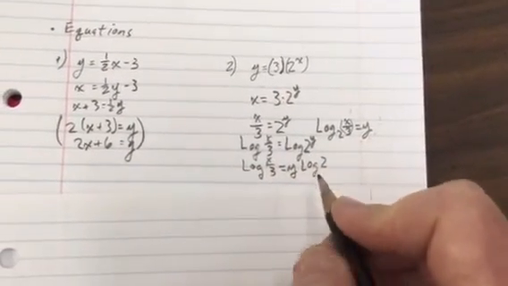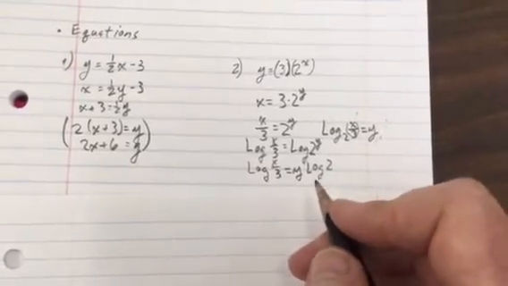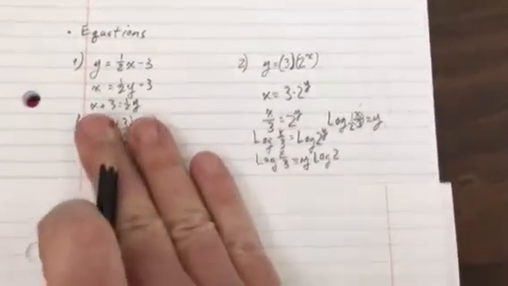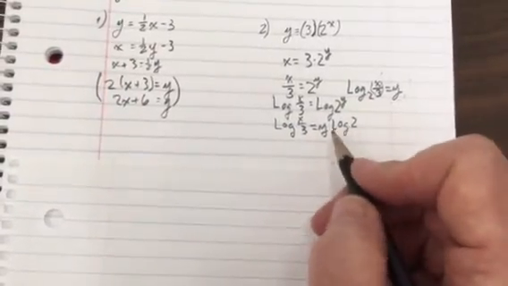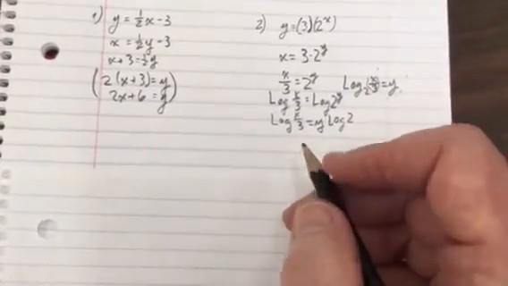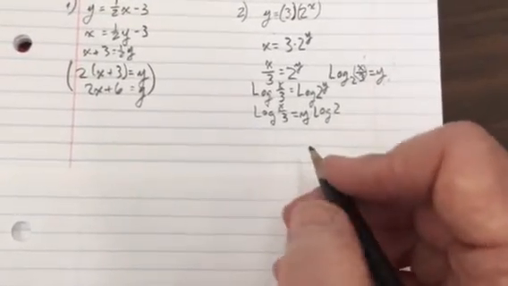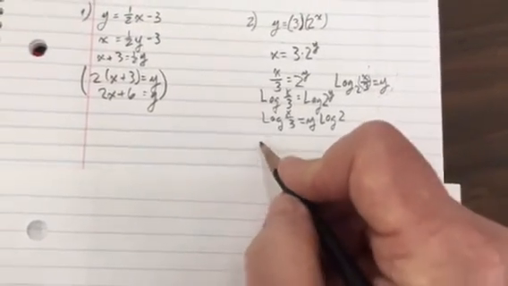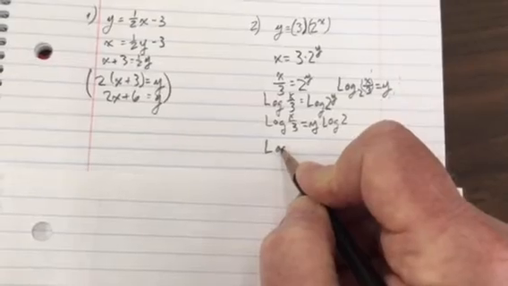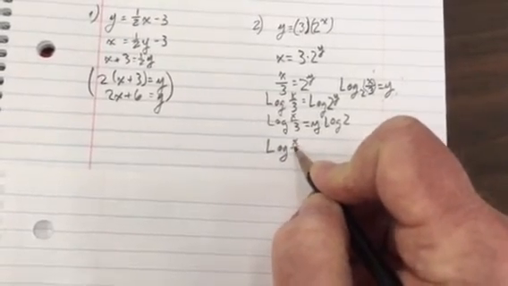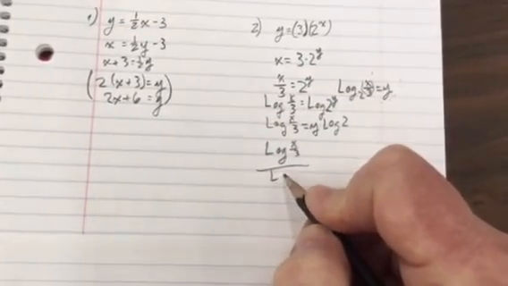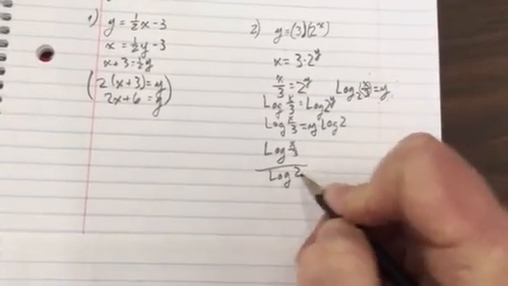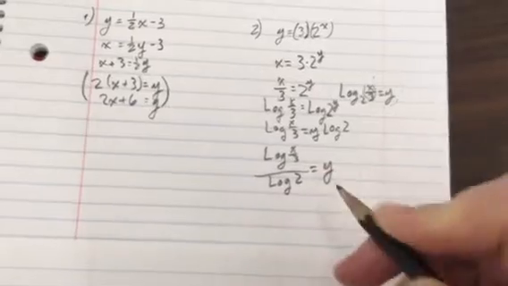And now I'm just going to divide. Now remember, these are log base 10, and you'll get an equivalent inverse expression just by dividing by the log. And this is a process we use for solving exponential equations, so it's good to revisit this. So you'll just have this expression right here, log of x over 3 divided by log of 2 equals y. And that's your inverse function.